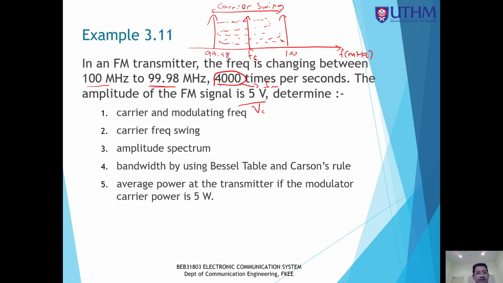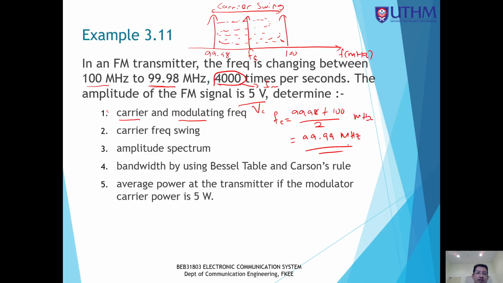So now what? The first question asks you to find the carrier and the modulating signal frequency. So how much is FC? FC is equal to 99.98 plus 100, divided by 2, in terms of megahertz. So 199.98 divided by 2, we get 99.99 megahertz.